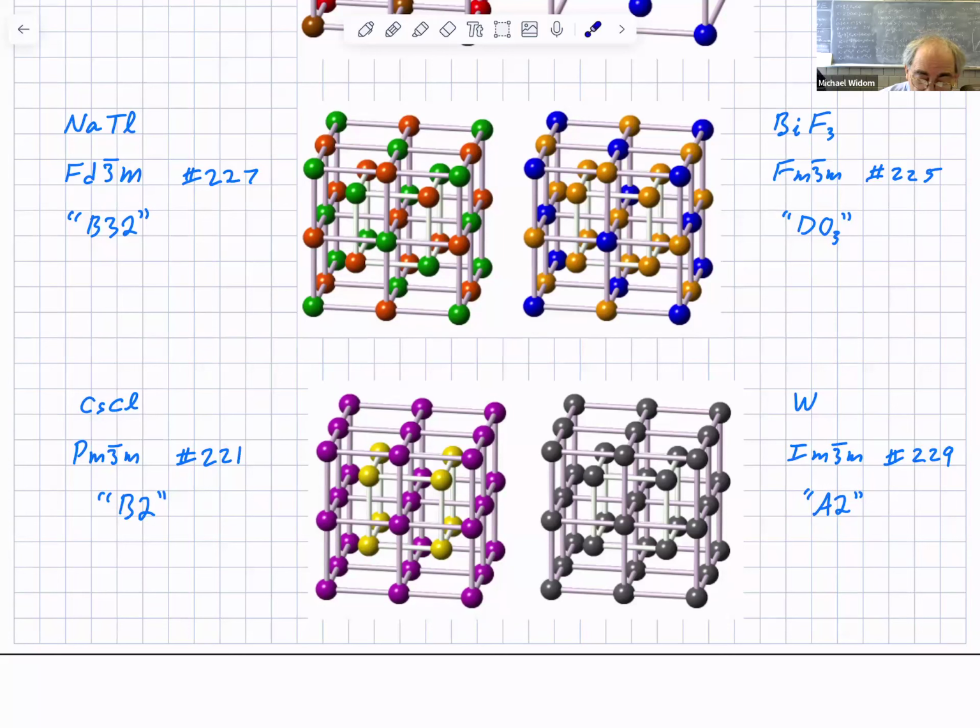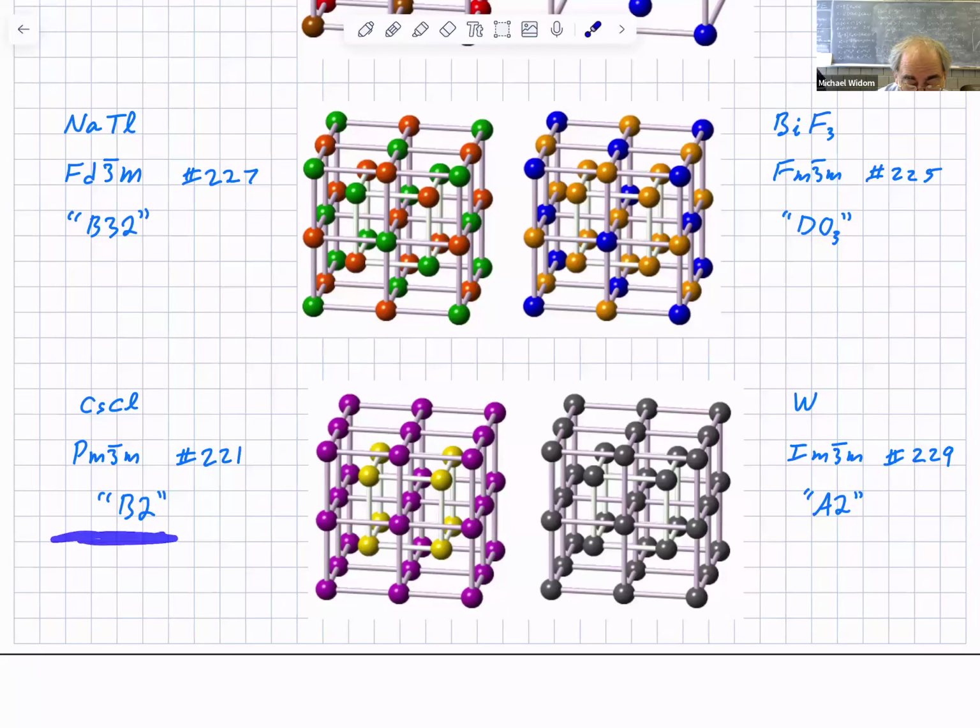So we have disorder among the vertex sites and also disorder among the body-centered sites, but the vertex and body centers retain distinct average chemical identity. And then finally, we would have complete disorder, every site occupied equally. That would be the tungsten prototype.